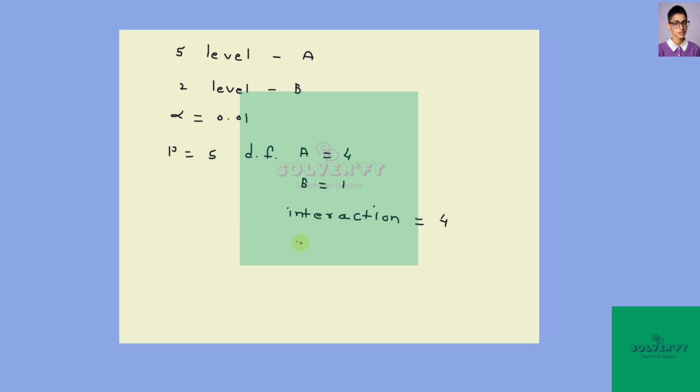Now degrees of freedom for error is equal to 16 and degrees of freedom for total is equal to 21.